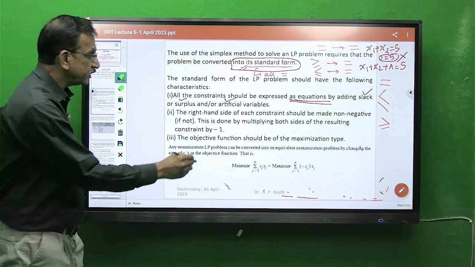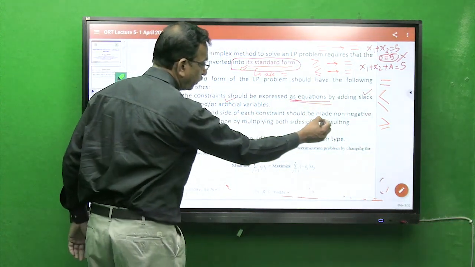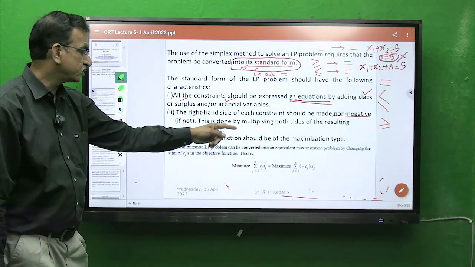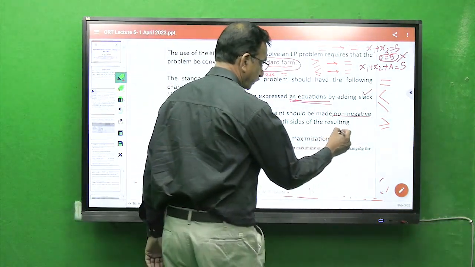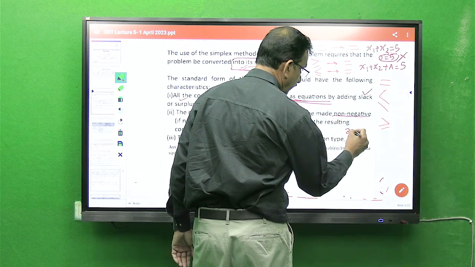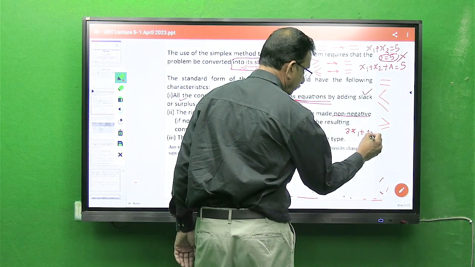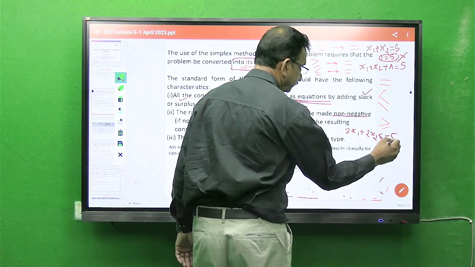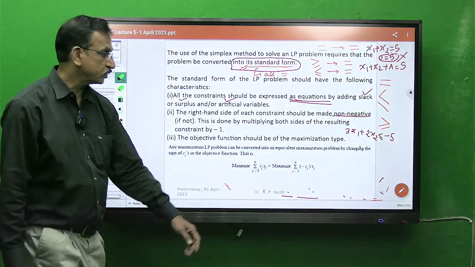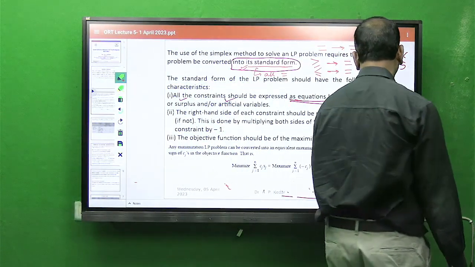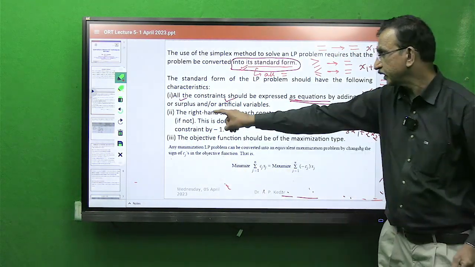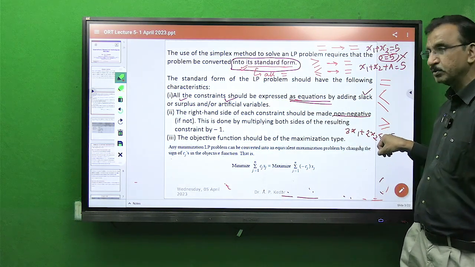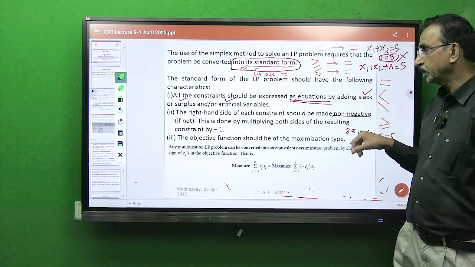Second, the right hand side of each constraint should be made non-negative. The meaning of this is, suppose I am having 3x1 plus 2x2 less than equal to minus 5. So this is negative. What is given? Right hand side of each constraint should be non-negative. So I have to convert this minus 5 into a non-negative value.